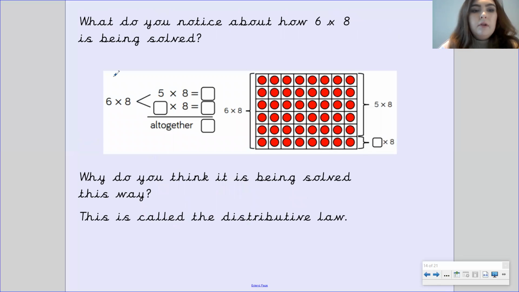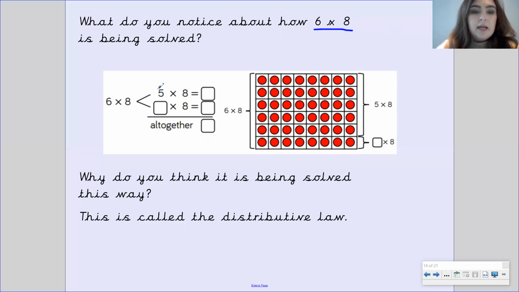Okay, I want you to have a look at this diagram here, and I want you to think about what is happening. So what do you notice about how 6 times 8 is being solved? Pause the video to have a think. Okay, so what they've done here is they've split up the number of groups.